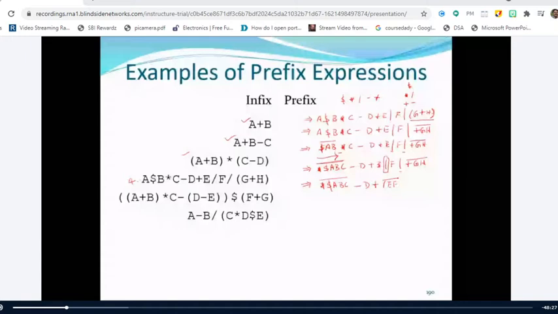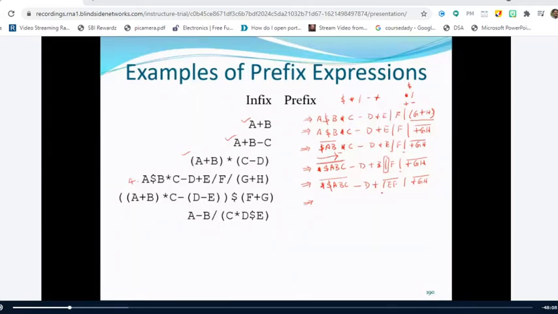Yes, sir. Now, what is the next operator that we have to solve? Division. What are the operands being operated on by this operator? Division ef and plus gh. Yes, division ef and plus gh are two operands, right?